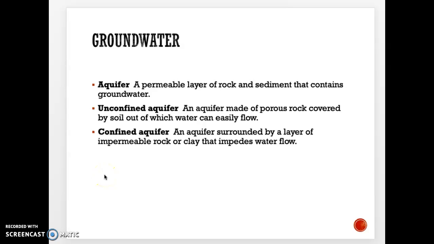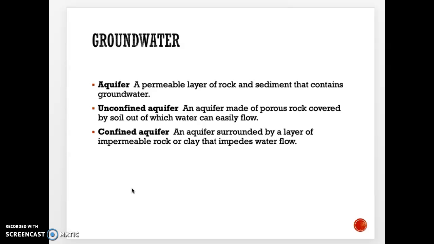Groundwater, water which is found beneath the ground, can be found in aquifers, and there's two types of aquifers. There is an unconfined aquifer and there's a confined aquifer. And so aquifers, you're going to see a picture of one here shortly, but basically the aquifer is a permeable layer of rock and sediment that contains groundwater. So it's going to be kind of like an underground cavern of sorts.